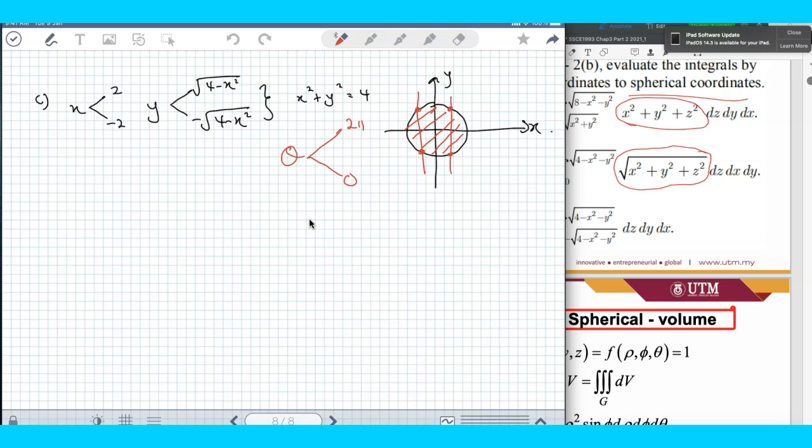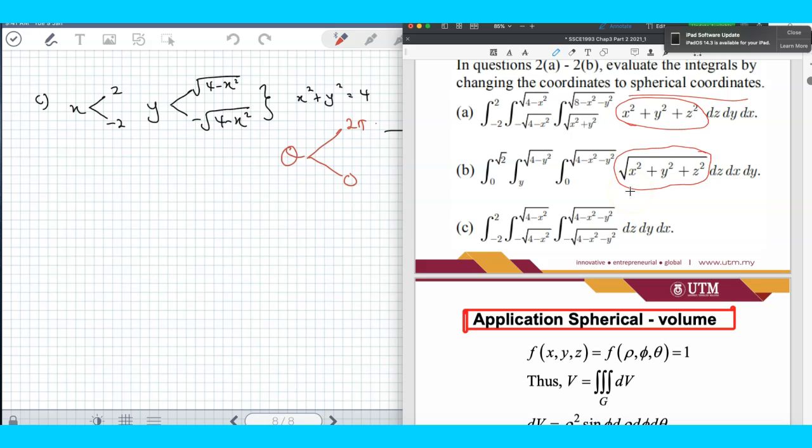Okay, now we want to look at what the solid looks like, where we have to refer to the limit of z provided here. So the z lower bound is negative square root of 4 minus x squared minus y squared, and the top one, positive square root.